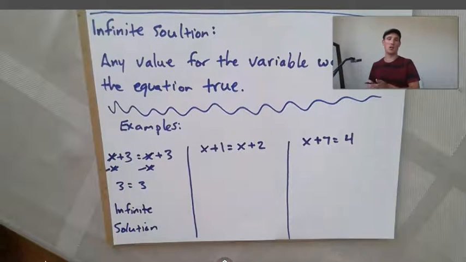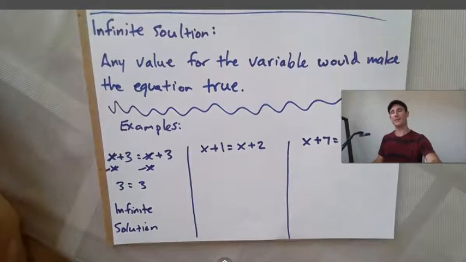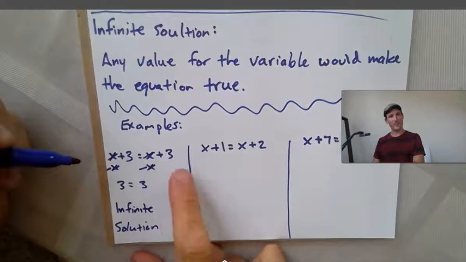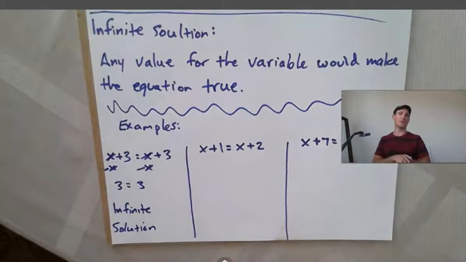So if I put in 10 for x, 10 plus 3 equals 10 plus 3, 13 equals 13. Yes, that's always going to be true. That's an infinite solution. If I were to subtract 3 from both sides, I would get x equals x. Again, x equals x, infinite solution. Any value of x is going to equal that same value when you plug it in on both sides. Infinite solution. Okay, cool.